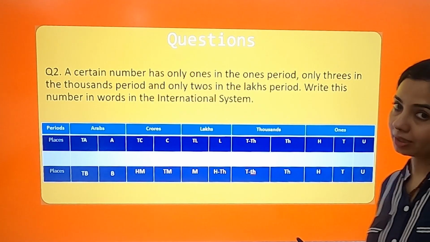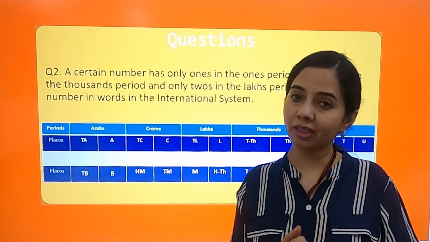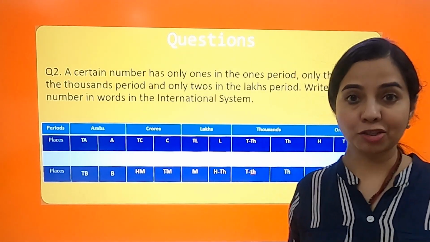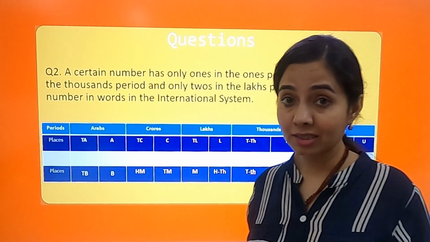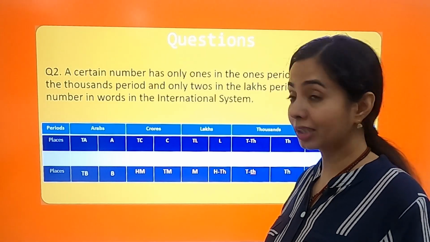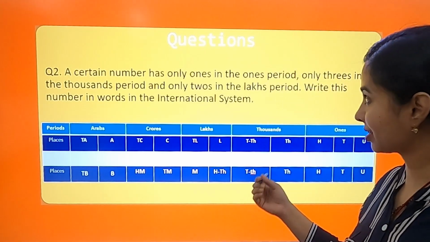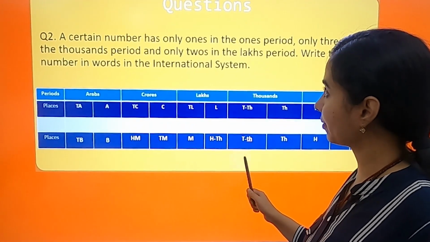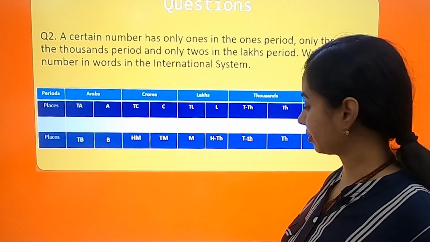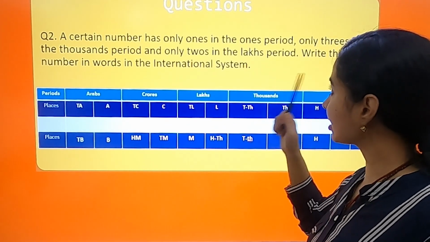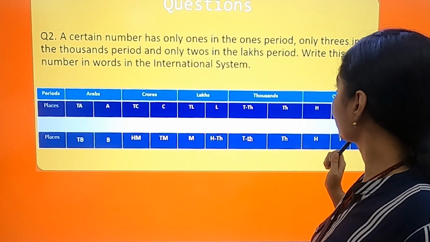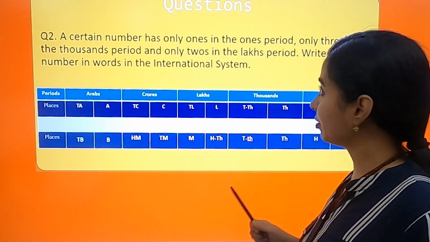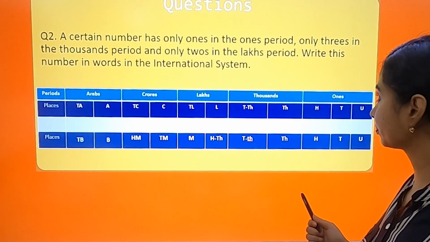But at times, the numbers or the digits are not given to you directly. The questioner might be interested in tricking you. Such is this question. What is it saying? A certain number has only ones in the ones period, only threes in the thousands period, and only 2's in the lakhs period.